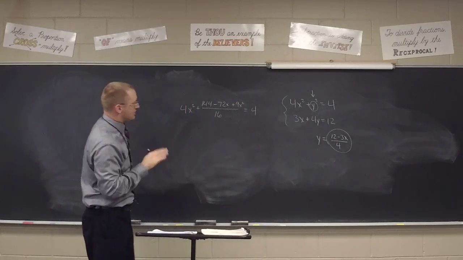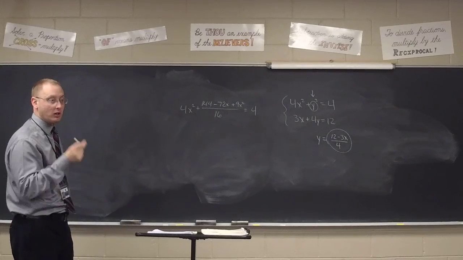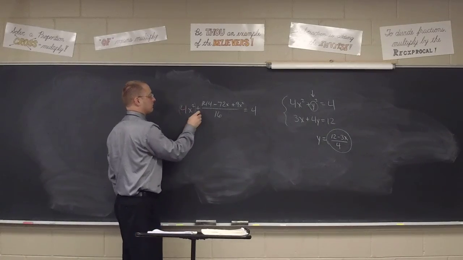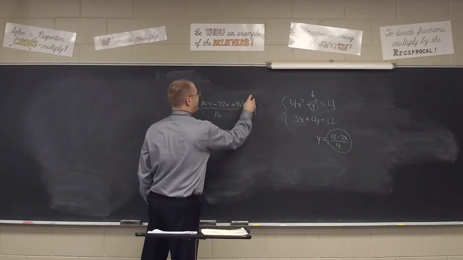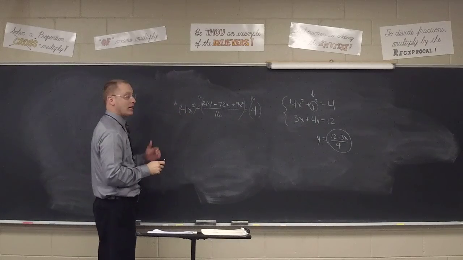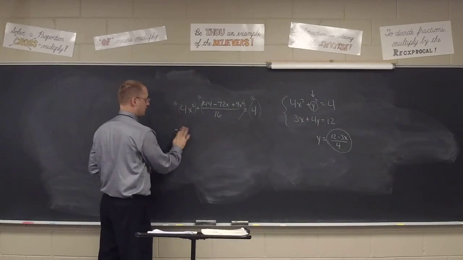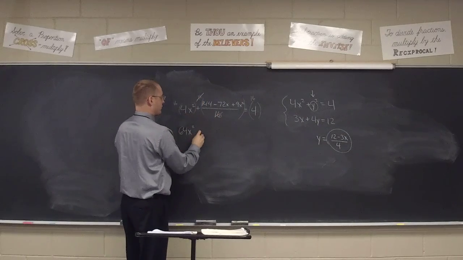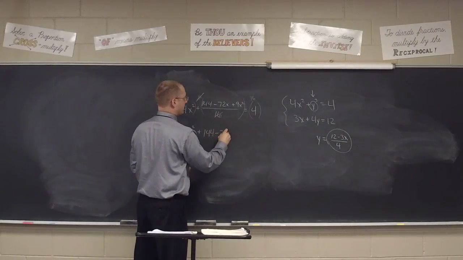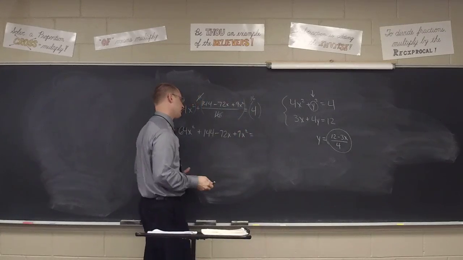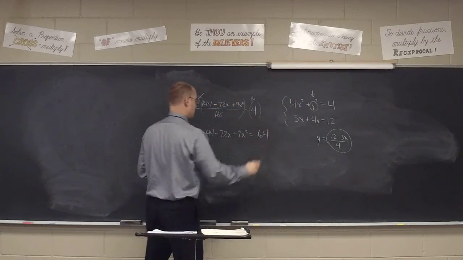Now the good news is, as ugly as that is, I can actually get rid of ugly pretty quickly. Multiply everything by 16. So 16 times 4x squared is 64x squared. Of course, the 16s here cancel. I've got the 144, the negative 72x, the positive 9x squared, and then 16 times 4, 64.